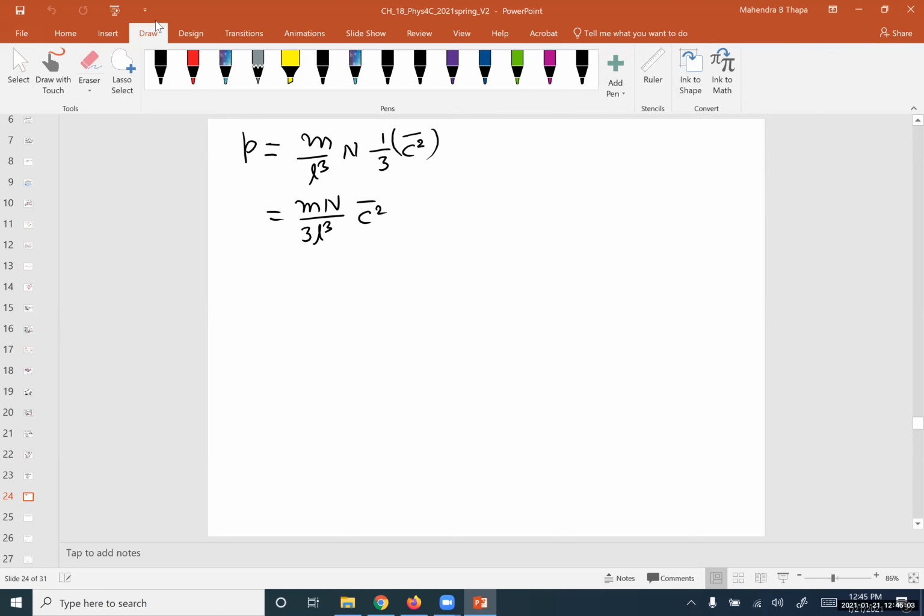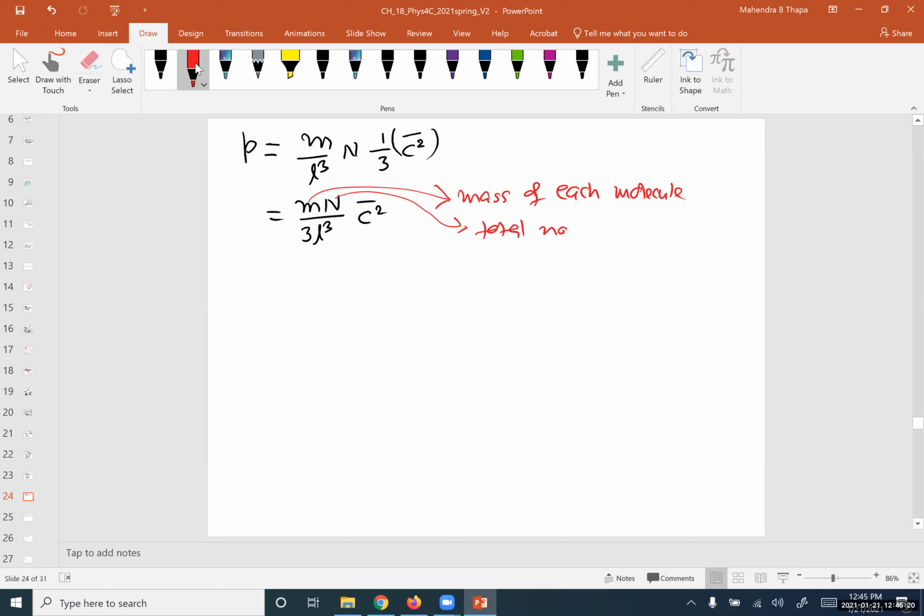So just make sure that this m over here is the mass of each molecule. And this n is the total number of molecules. This means if you multiply m and n, this gives you the total mass.